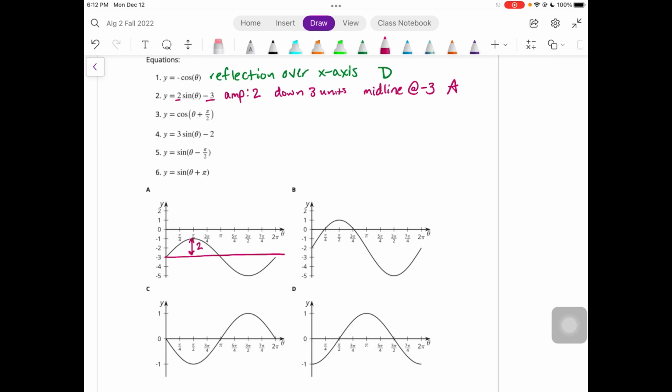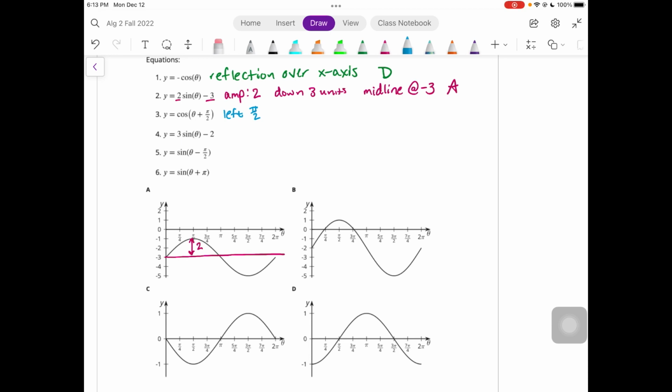All right, cosine of theta plus pi over 2, that is a shift left of pi over 2. So that means that all of our values have been shifted left pi over 2. And so if we look at this one, B has, well, okay.